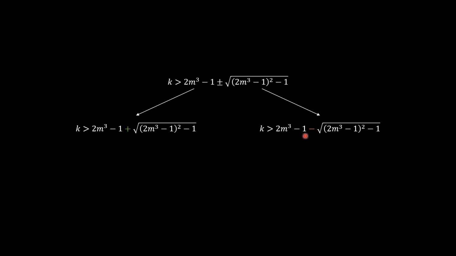So this has to be smaller than that. But that just means that this right inequality is redundant, because we can just use the one with the plus, because both can only be true if and only if this one here is true.